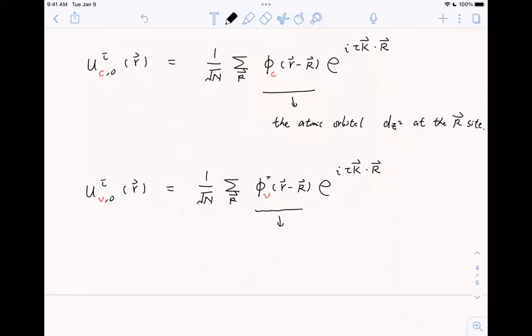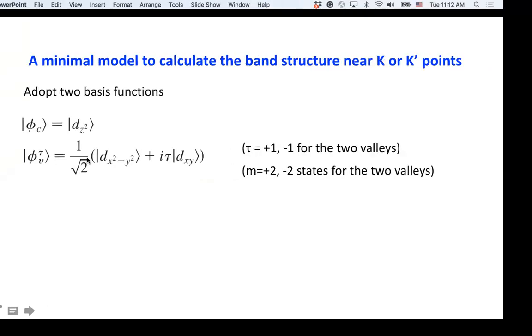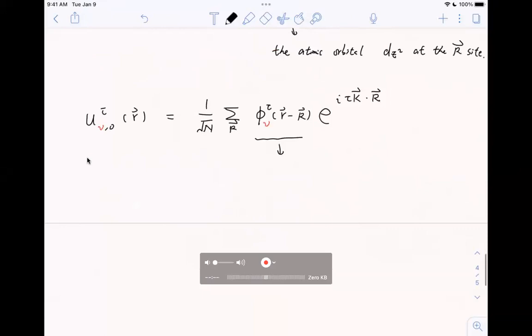It will actually depend on tau, because it depends on which valley it is. Okay, so this one is the atomic orbital.